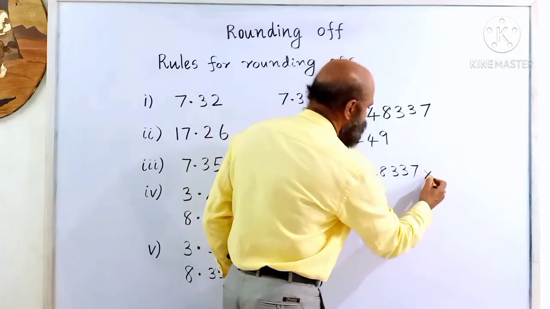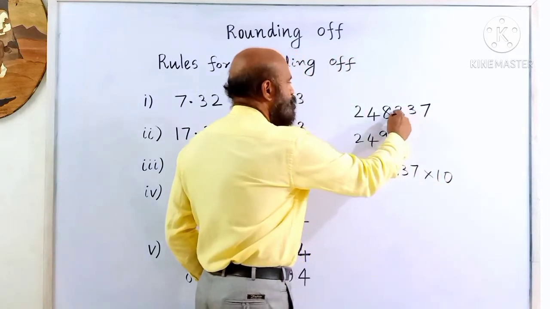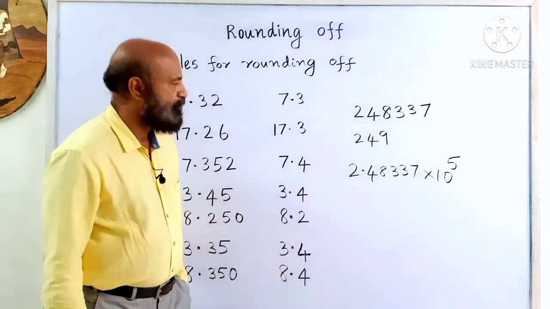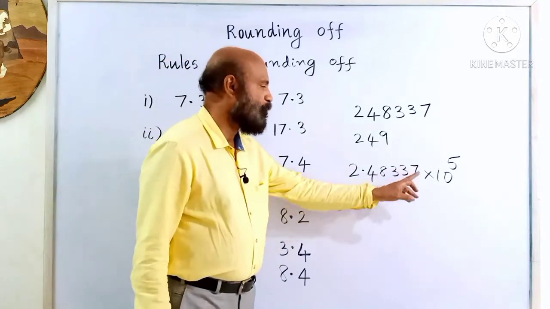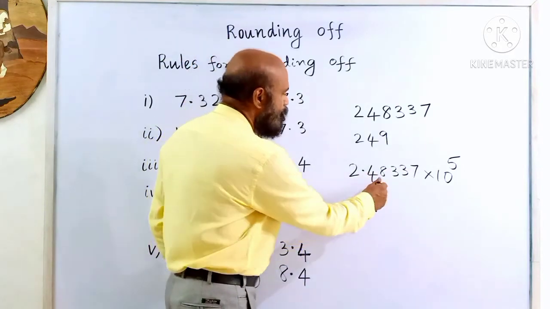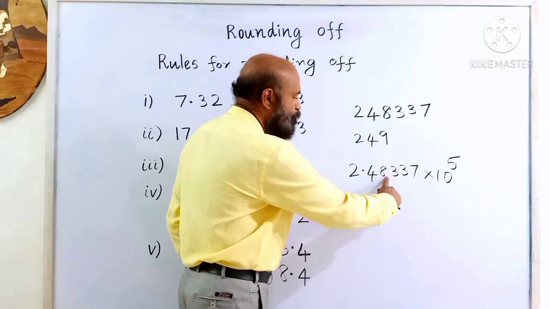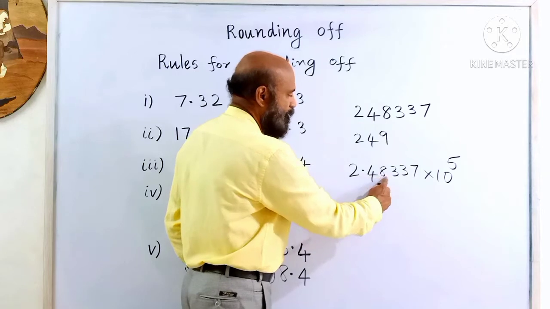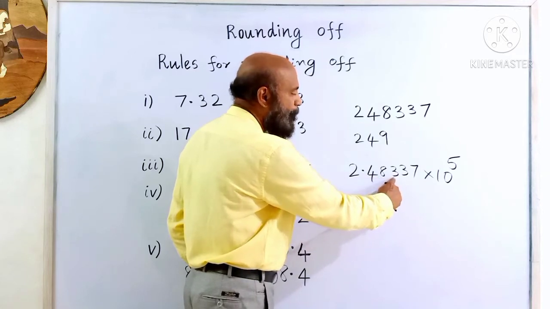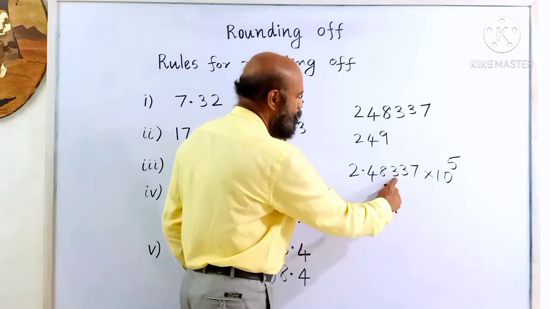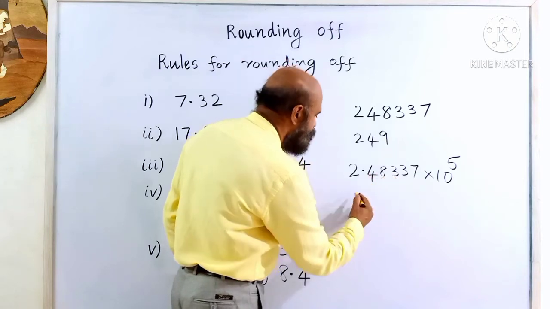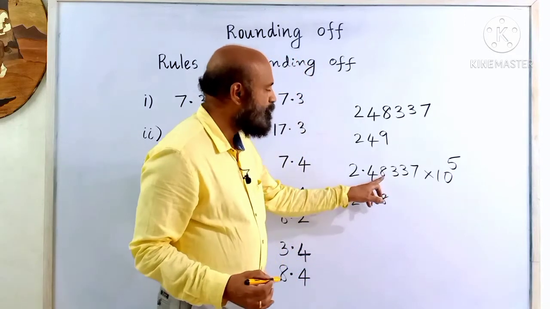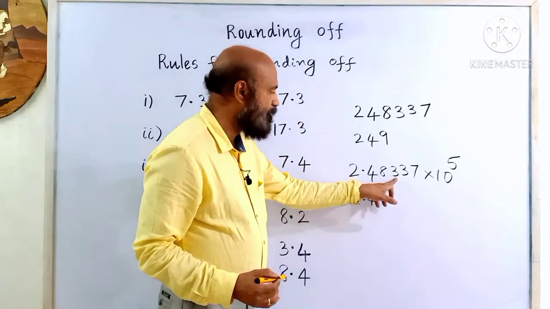2.48337 into 10 raised to, 1, 2, 3, 4, 5 digits, so it is 10 raised to 5. Now the given number is written in scientific notation. Now we have to round it off up to 3 digits. So see this number, 1, 2, 3. This is a number less than 5. So when you drop this, it will be left unchanged because it is less than 5.